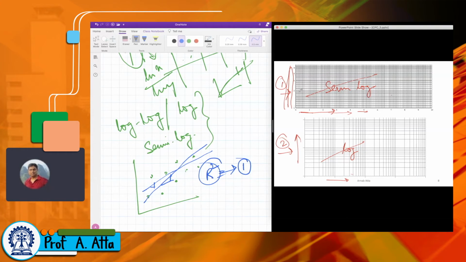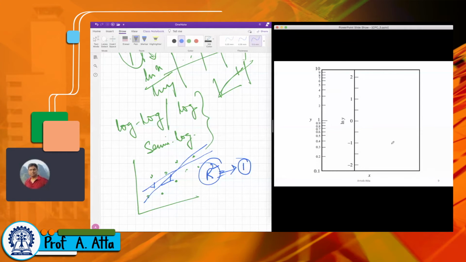The reason is that now we see how it can be constructed. See, this is a rectangular scale. If the exponential function had to be plotted on a rectangular scale, here we have the rectangular scale of x, and this is the rectangular scale of y. But then you have to convert that to ln y.